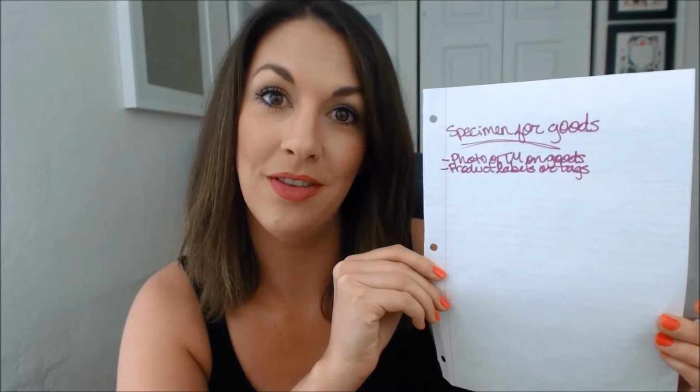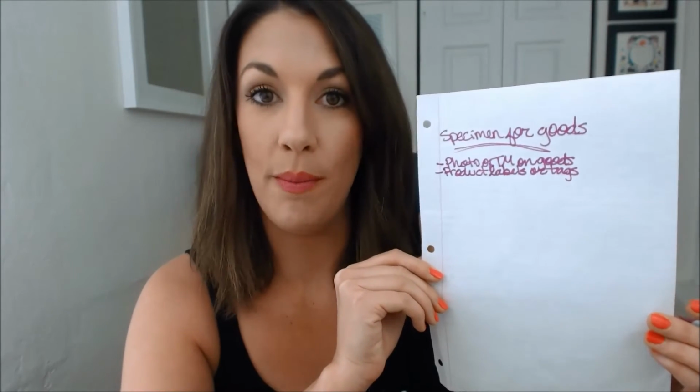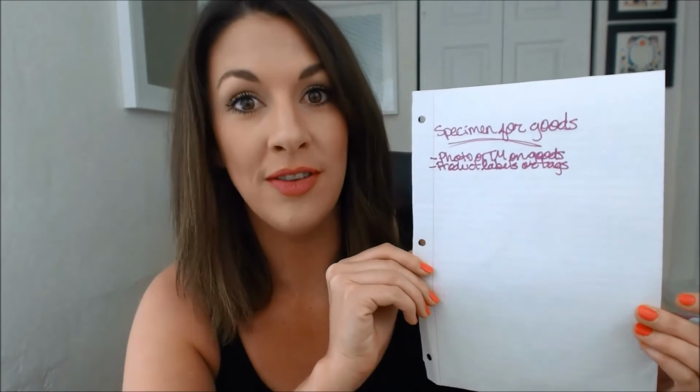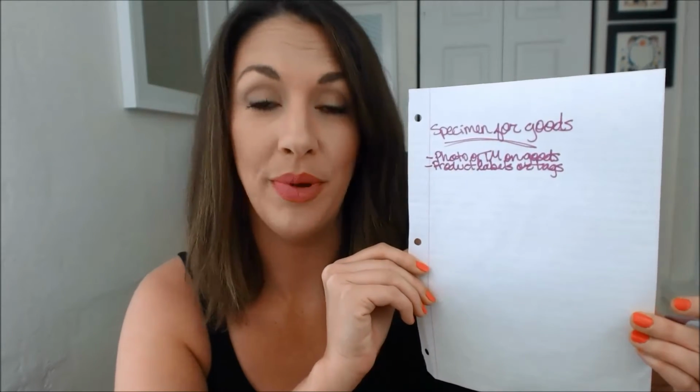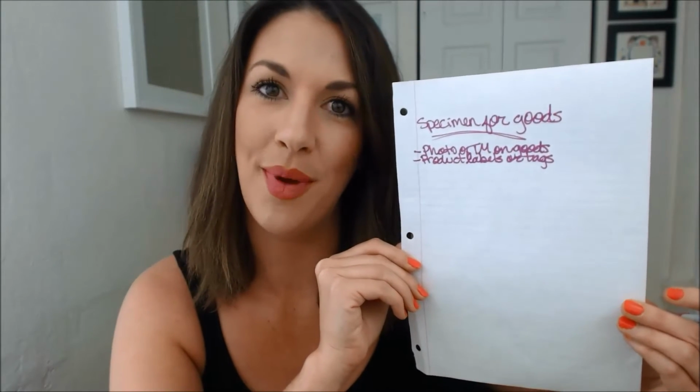Product labels or tags are also a good specimen option. If you're manufacturing and selling shirts and there's a label showing your business name or your logo, the trademark, on the label or on the tag to the shirt, take a picture of the shirt with the label or the tag and send that in as a specimen.